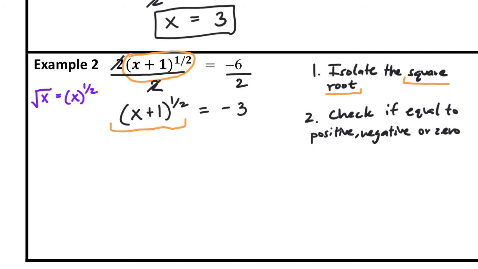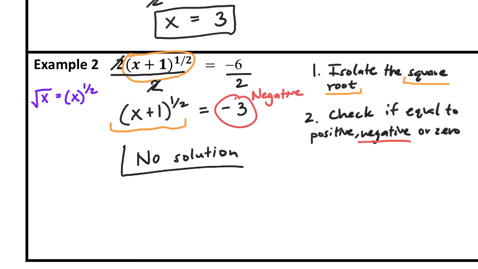The square root term is equal to a negative. So if it's equal to a negative, then according to the rules above, we have no solution. Pretty simple, right?